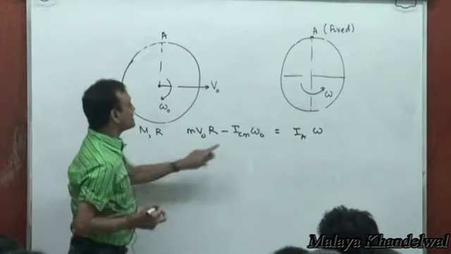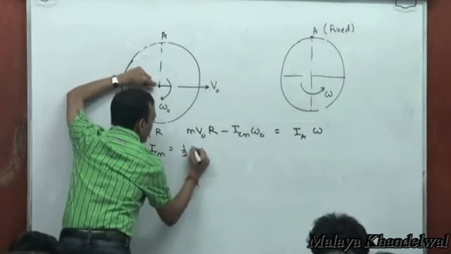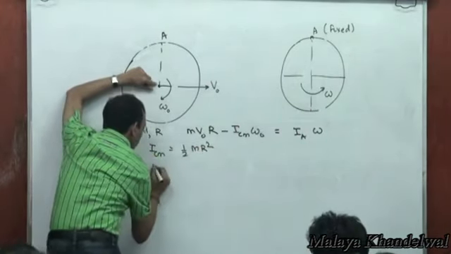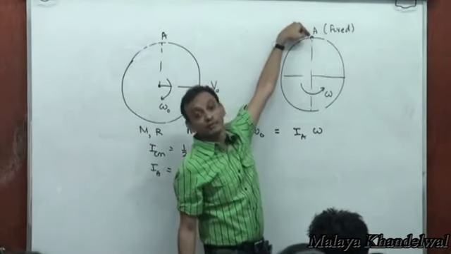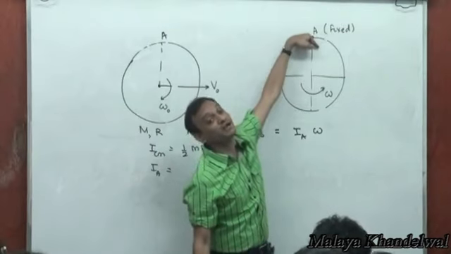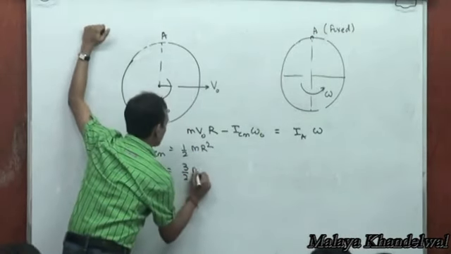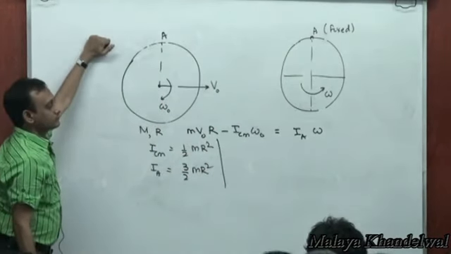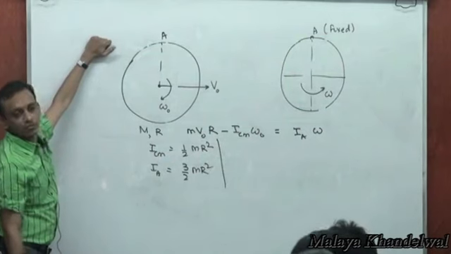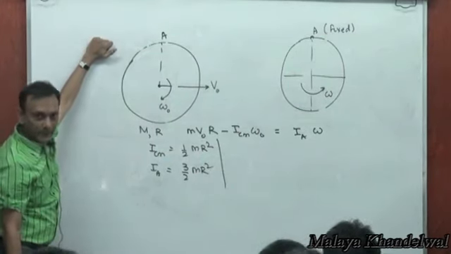And what's ICM? ICM for a disk is half m r squared, and therefore what's I about A? Half m r squared plus m r squared, parallel axis theorem, 3/2 m r squared. So that will give you the omega of the disk after you fix it at A. Clear?